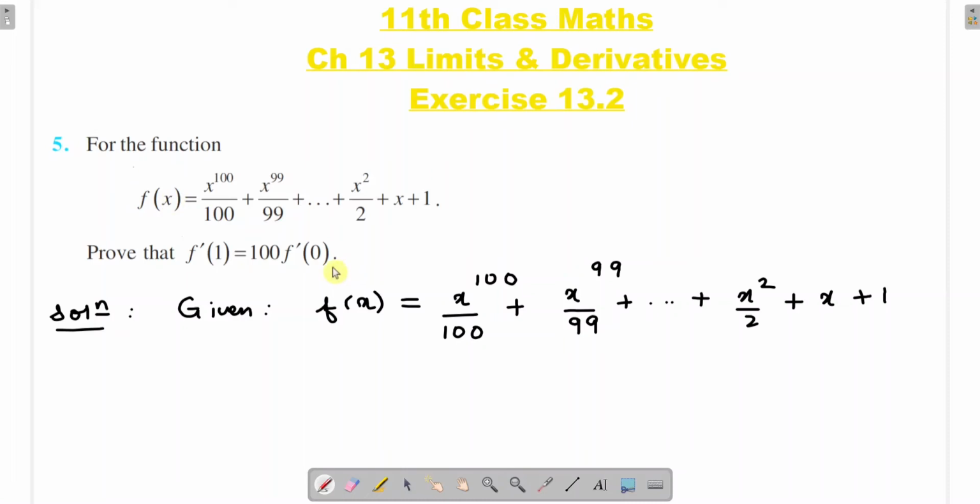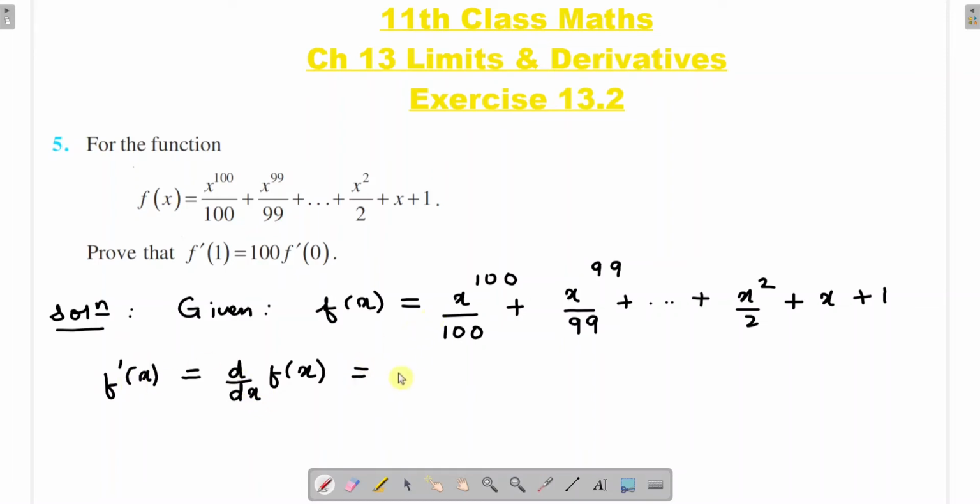to prove this we have to first find f prime of x, right? That is the derivative of f(x). So f prime of x is equal to d by dx of f(x). This is another notation for f prime of x. This notation is more helpful than this one.